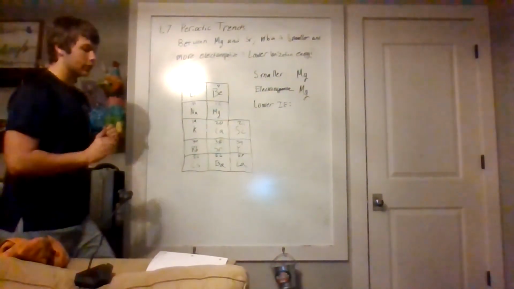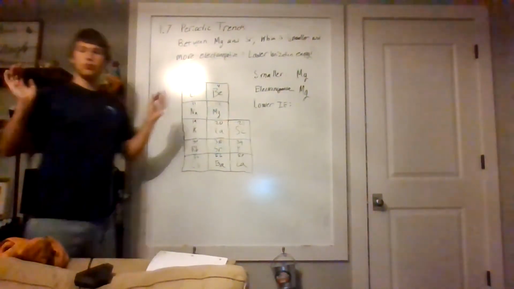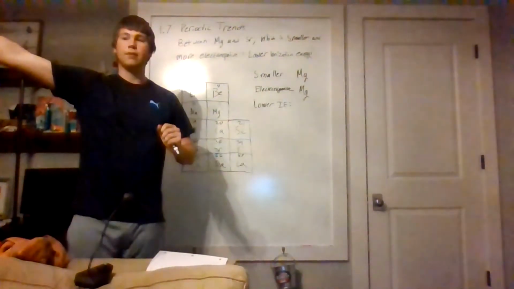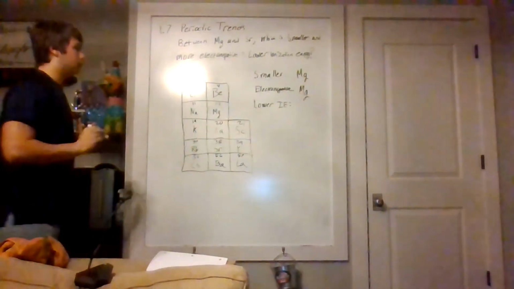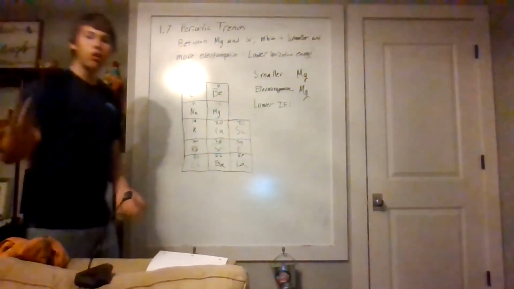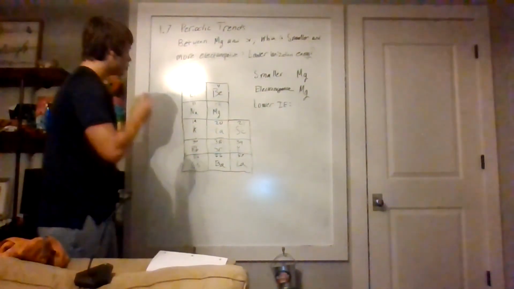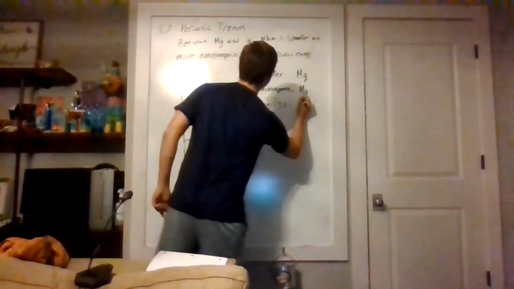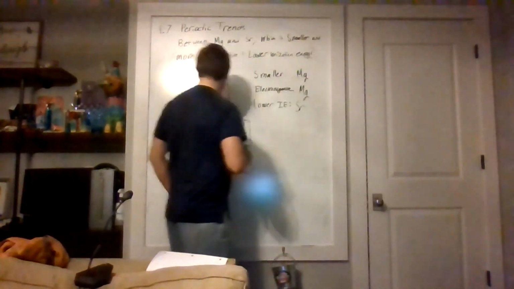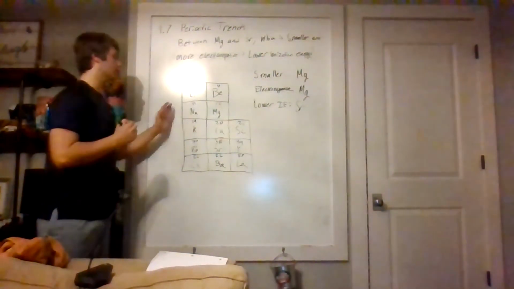And for that, you want more outer levels, or the electron to be farther away from the nucleus. So in that case, we're looking for the larger atom, which in this case is strontium, due to its extra energy levels compared to magnesium.